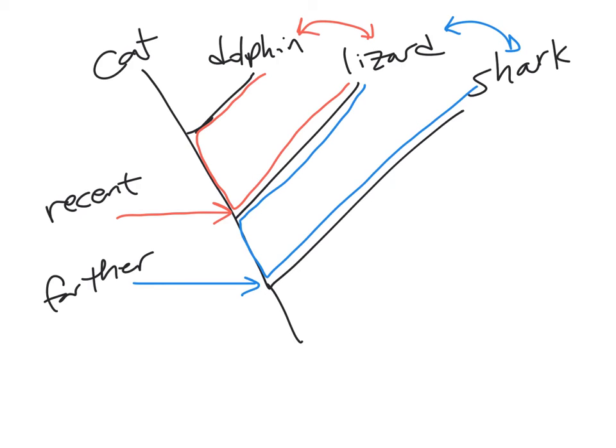Right. So do the relative or the absolute distances between the nodes matter? That is, I've drawn this so that all the branches are equally spaced, which certainly doesn't represent the actual flow of time through this process.